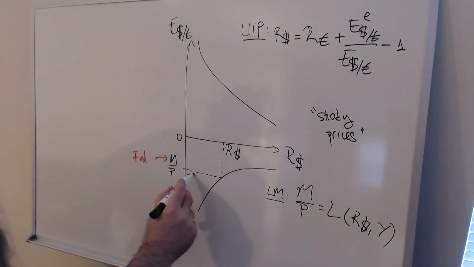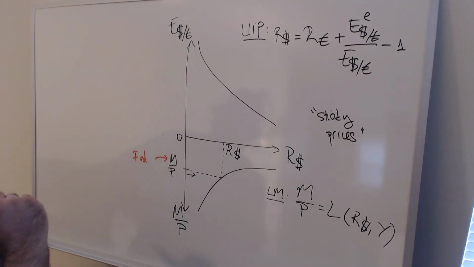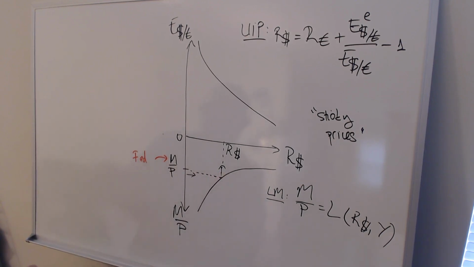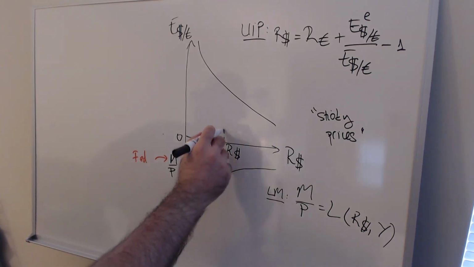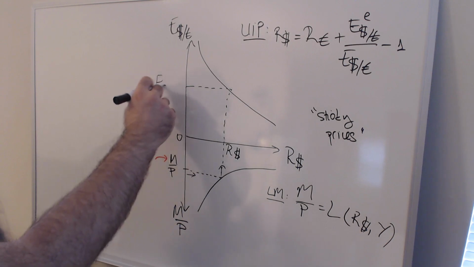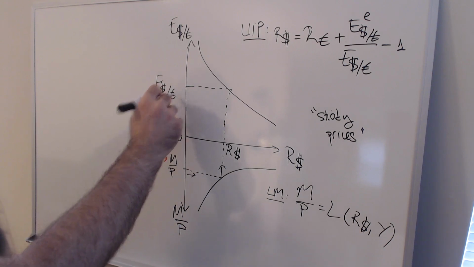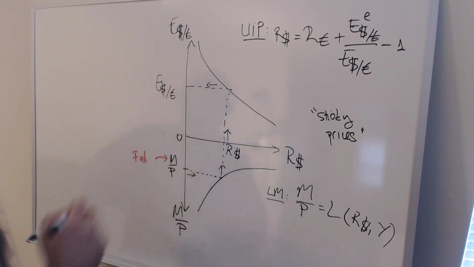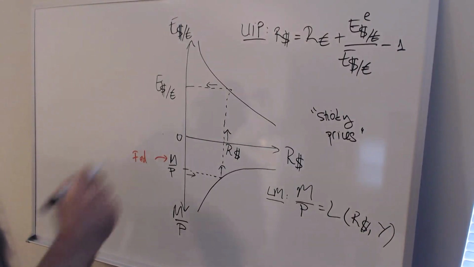So you want to think of this as the Fed deciding M, and then through the LM condition that pins down the interest rate in the US. Finally, the interest rate in the US through the UIP condition pins down the nominal exchange rate. So we go to UIP and then we go left to the axis.